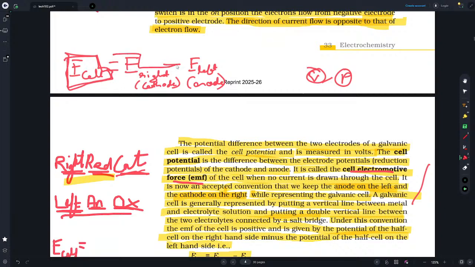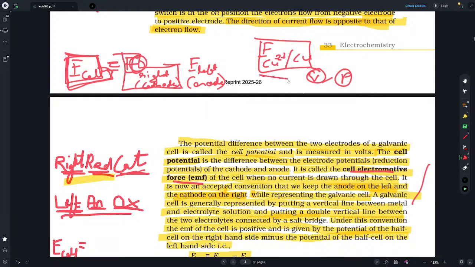We cannot find individual electrode potentials. For example, E Cu2+ to Cu, this kind we cannot find. We can only find the total potential of the cell.